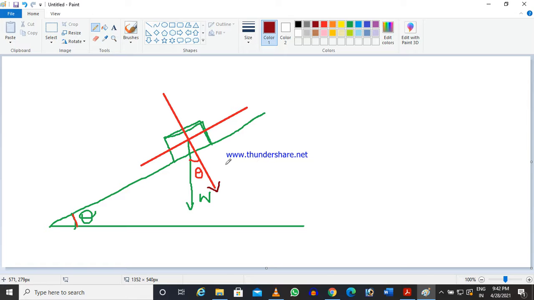Here our vector is w, so this component is w cos theta, and this component is w sin theta.